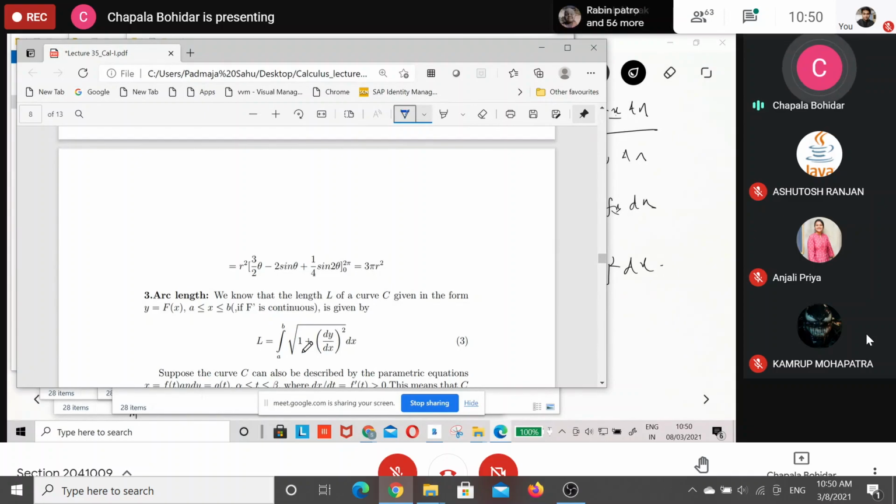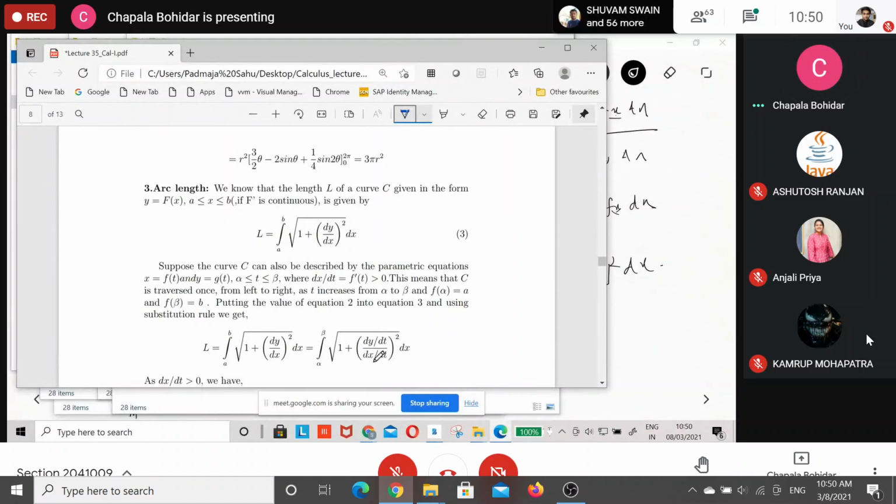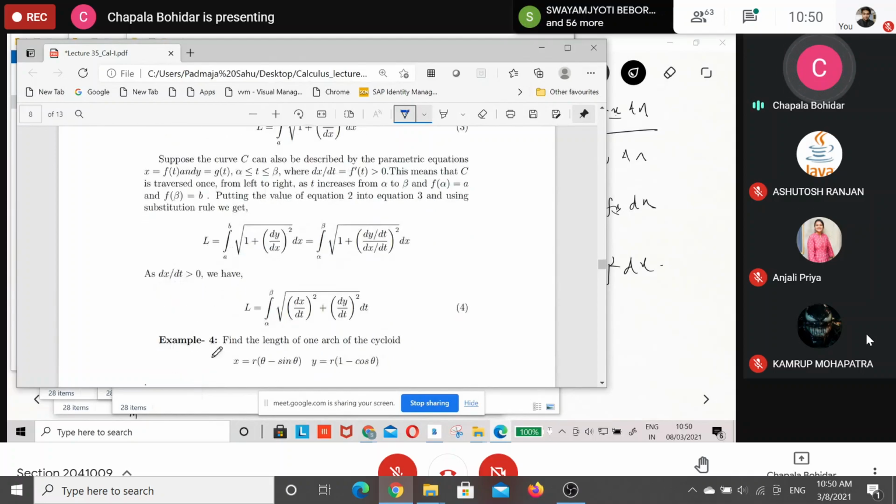Okay, so now here dy by dx in parametric form: x is the function of t and y is the function of t, and t lies between alpha to beta. So we can write dy by dx in this way, provided dx by dt is not equal to 0. So here what we get?